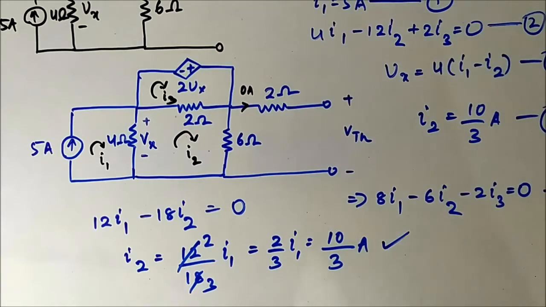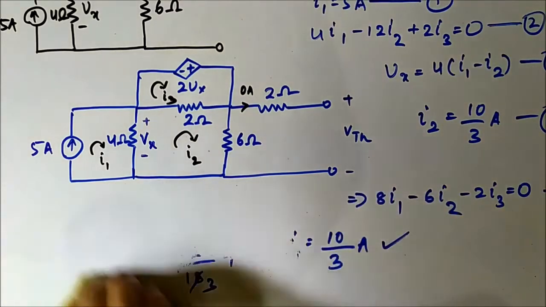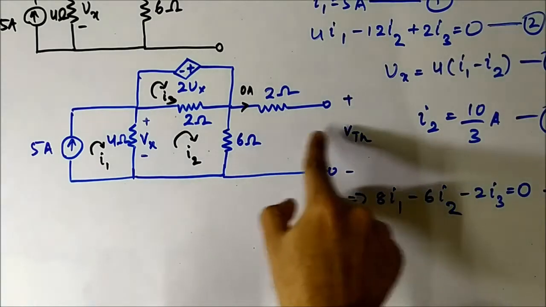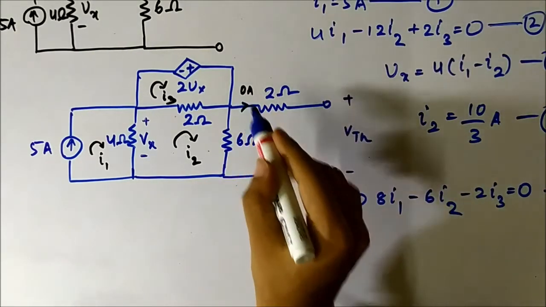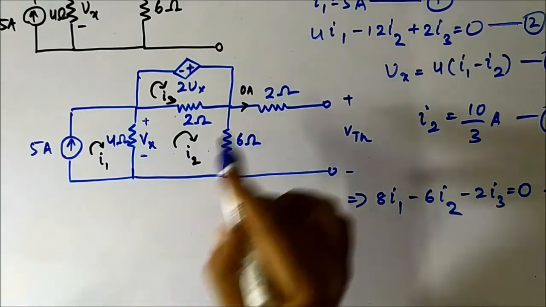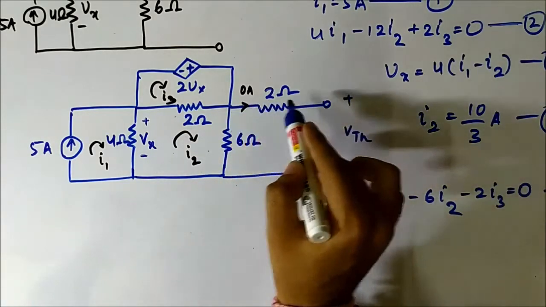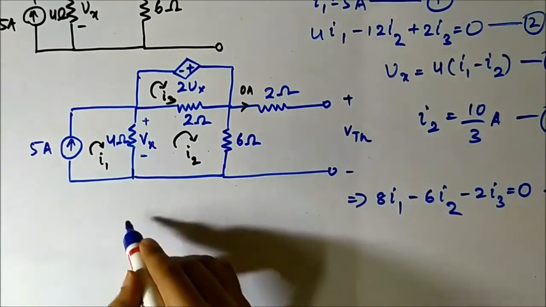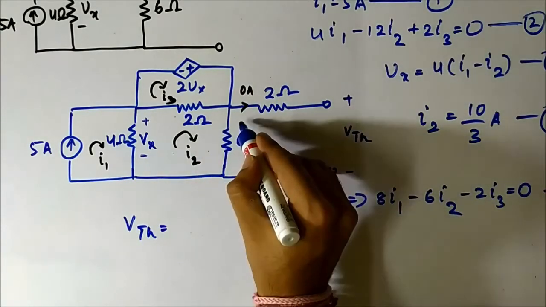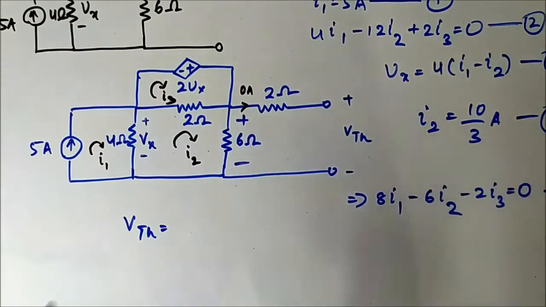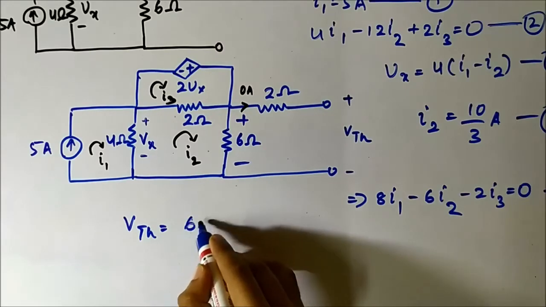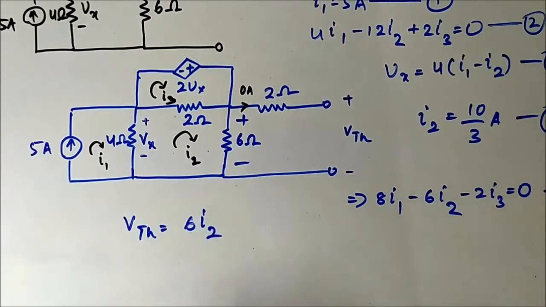Now VTH is nothing but the voltage drop across this 6 ohm resistor. Why? Because 0 ampere current is flowing through the 2 ohm resistor. So VTH is simply the voltage drop across this 6 ohm resistor, which is nothing but 6 I2.